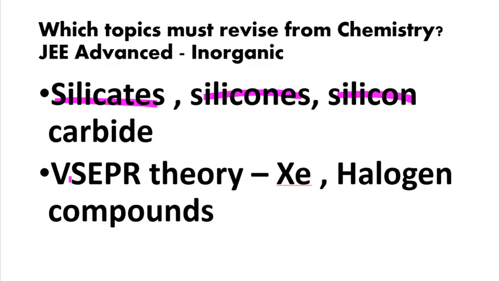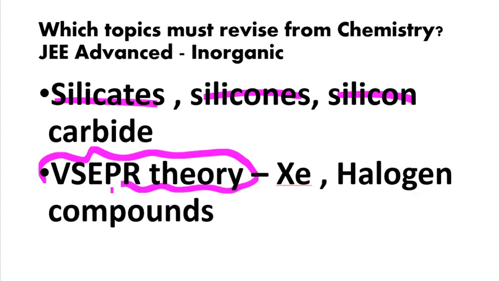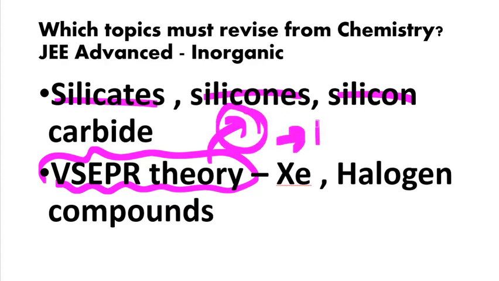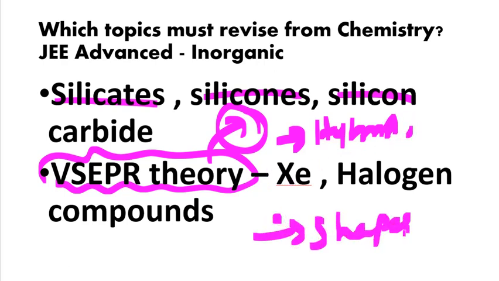Right. And also focus on the carbon family: silicates, silicones and silicon carbides. Right. And here is the most important topic, from which we can expect at least one question in every JEE Advanced chemistry paper, that is VSEPR theory. So just look at hybridizations, and shapes or geometries.